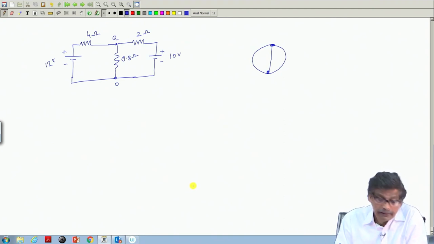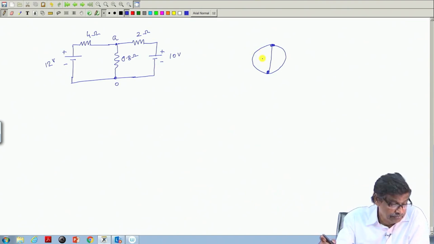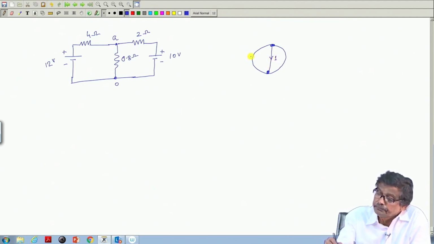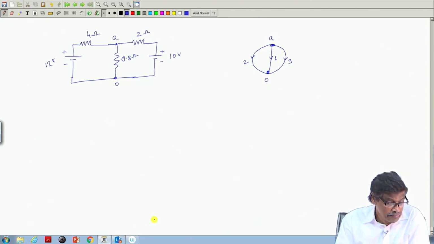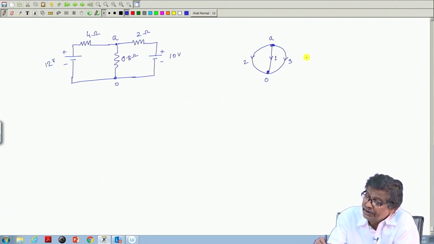Okay? And then I want to make a directed graph. So, what will I do? The directions are totally flexible, in whichever way you assume. Suppose I have assumed it in this way: 1, 2 and 3. This is your A, this is your O. What will be its tree?